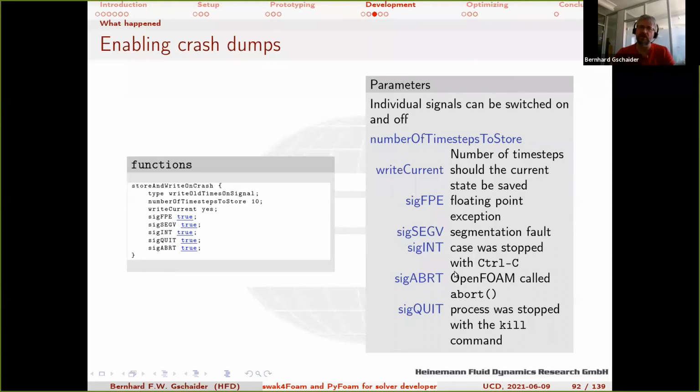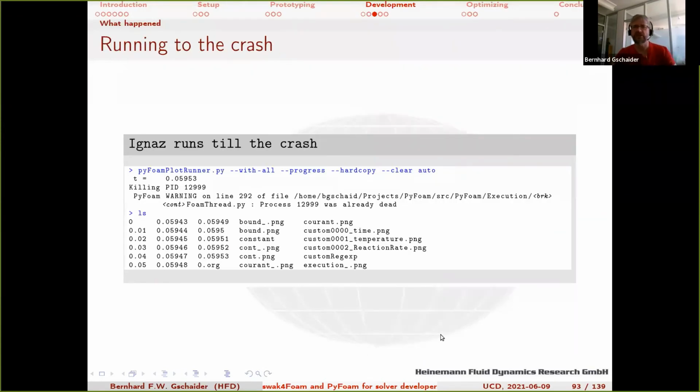For that to work, you have to set the foam abort environment variable that I talked about earlier. And you can even switch on sig quit. You can even tell it to write if you went to the shell, got the process number and killed the process with kill process number, then it will write stuff even then, unless you do the kill with -9. But that's more Linux specific.